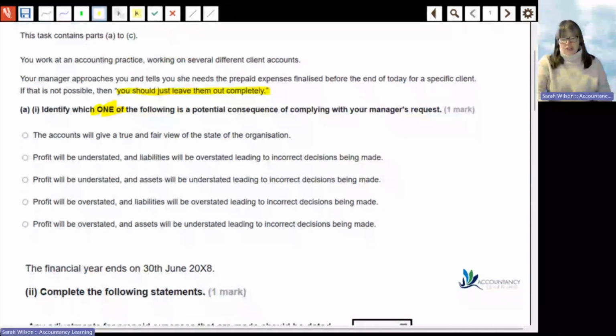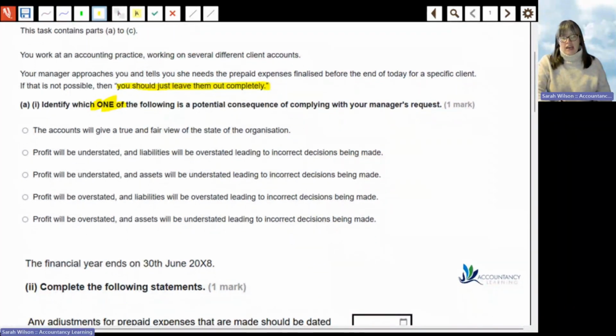So with the options that we are given here, we're going to be looking for one that tells us that profit is going to be lower, so understated. So the two that we are going to be picking from is these two here. Profit will be understated. And then we've got to choose something about either liabilities or assets.